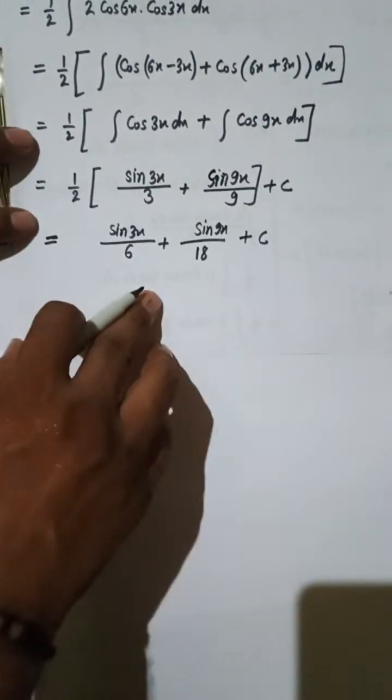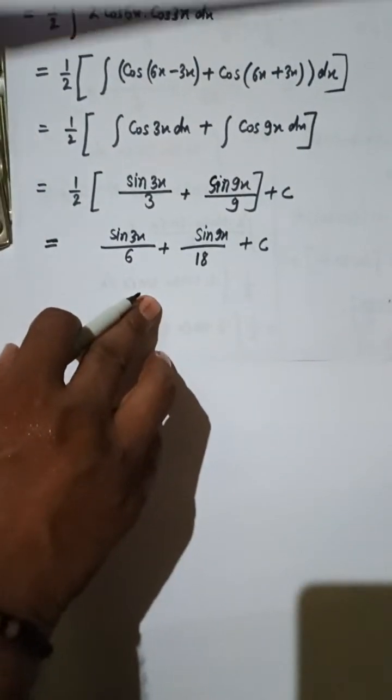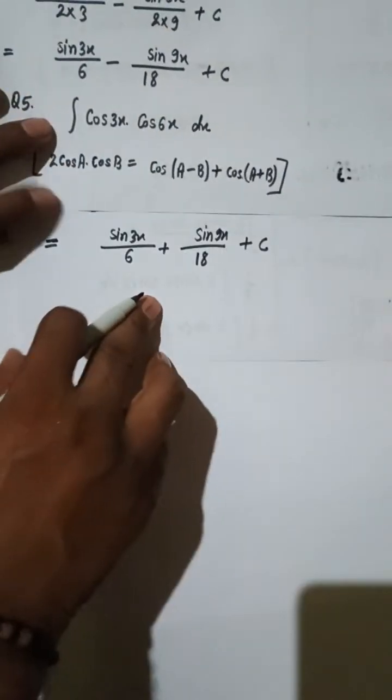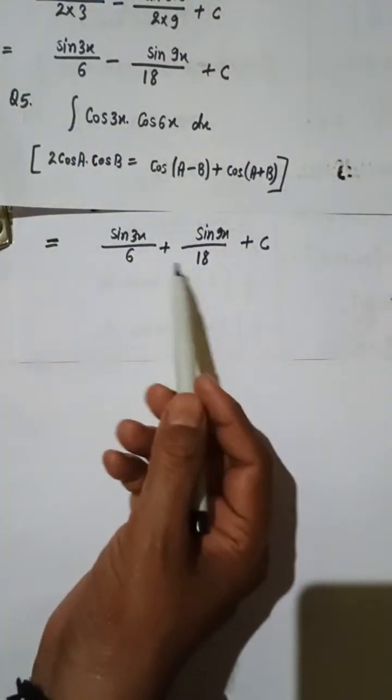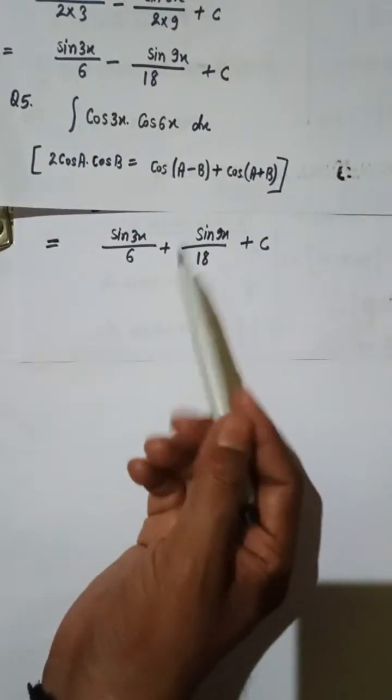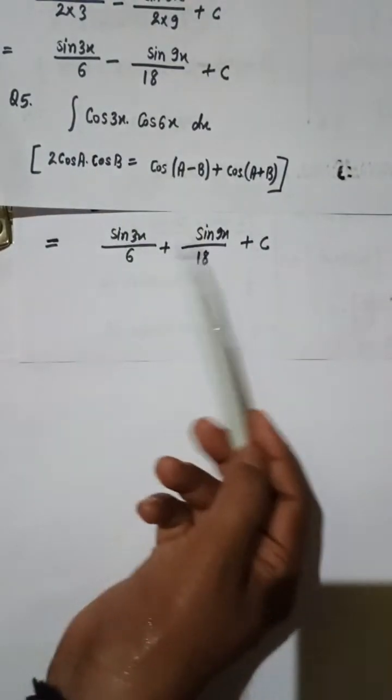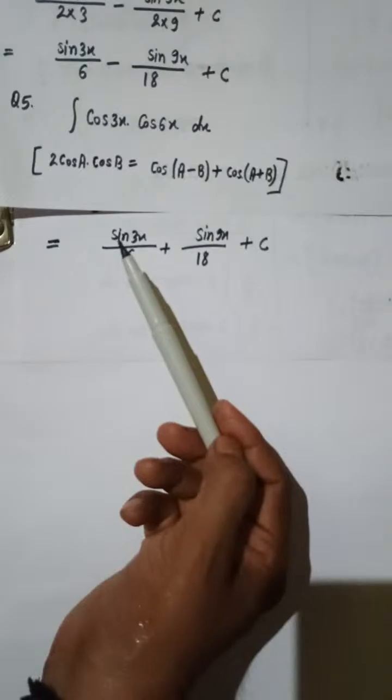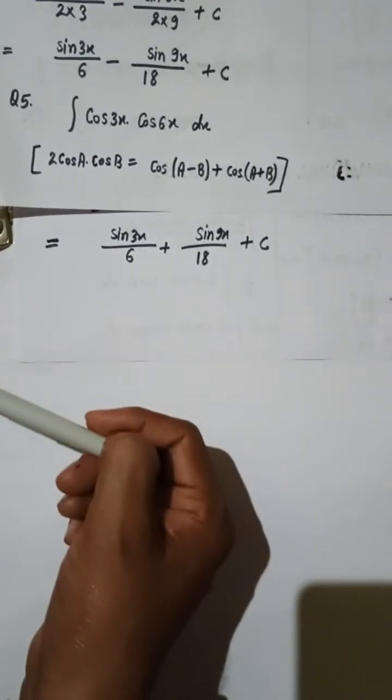And this is the solution of this problem: integration cos 3x into cos 6x gives us sine 3x by 6 plus sine 9x by 18 plus c. So both are cos, but here we are getting sine, right?